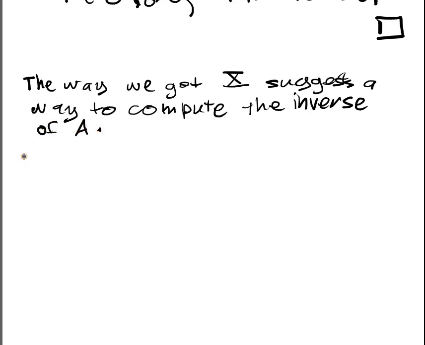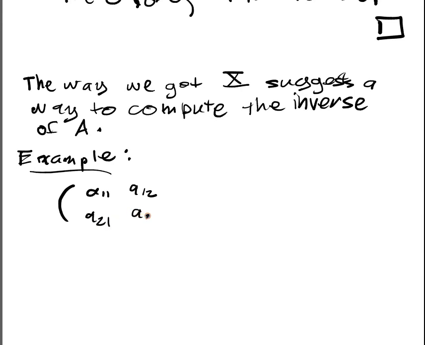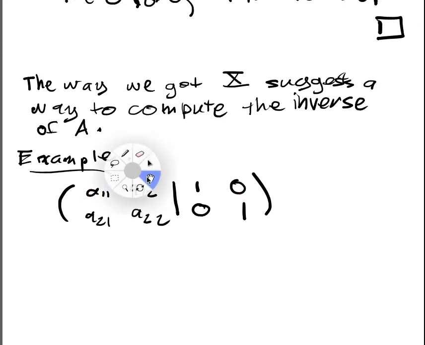So let's do an example for a 2x2 system. We've got A11, A12, A21, A22, and we're going to augment this with 1 in the first column and zeros everywhere else, 0, 1. In general, we would augment this with the identity matrix over here, and A would be any square matrix that we want to invert, or want to try to invert.